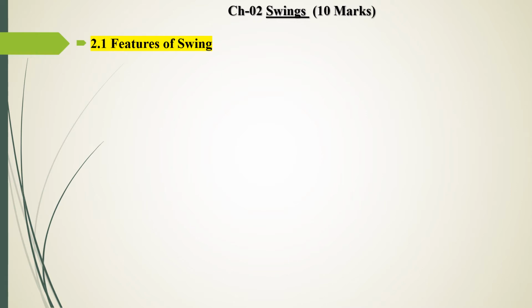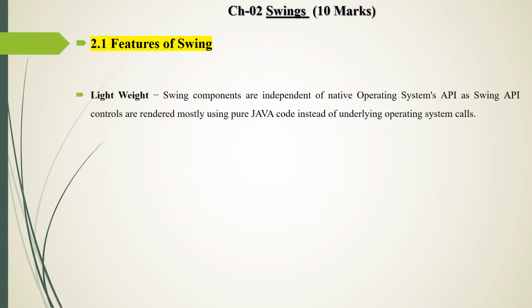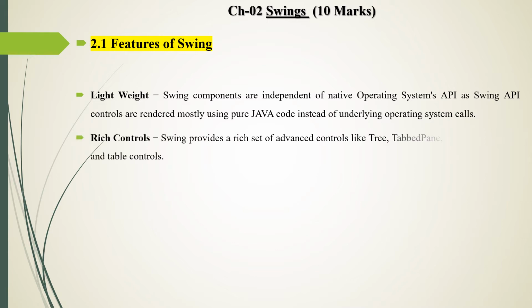Then next we see the features of the Swing package. First is lightweight. Swing components are independent of the native operating system API, as Swing API controls are rendered mostly using pure Java code instead of underlying operating system calls. So simply, Swing components are lightweight.